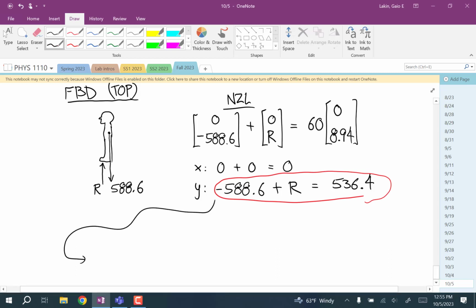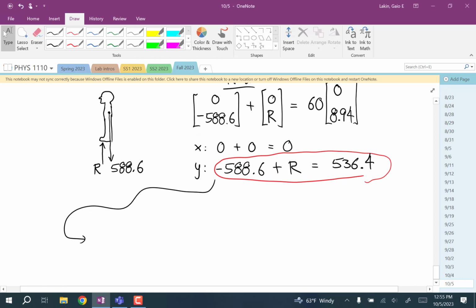And so using that equation, let's see, you get R is equal to 536.4 plus 588.6. Oh, I lost it. Can you add that for me? 1,125. 1,125 newtons.